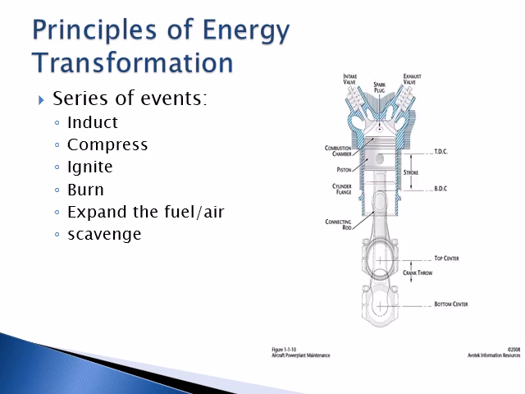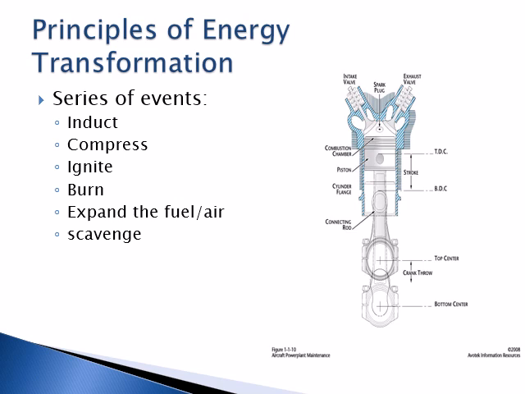Let's now look at the sequence that transforms chemical energy into mechanical motion inside a reciprocating engine. It begins with induction, where the intake valve opens and a fuel-air mixture enters the combustion chamber. Next is compression, where the piston moves upward, compressing the mixture for better efficiency. Then comes ignition, as the spark plug fires and initiates combustion.